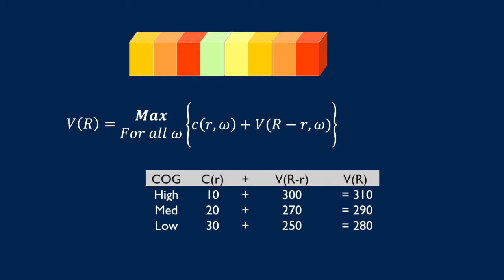The $300 remaining value gets delayed because the medium increment takes a little bit more time and pushes that material back. So that's 270, and the low cutoff grade being 30 pushes back the remaining value even further, so we have $250. We add up the cash flow plus the remaining value. Now we find that the best cutoff grade decision is the high cutoff grade.